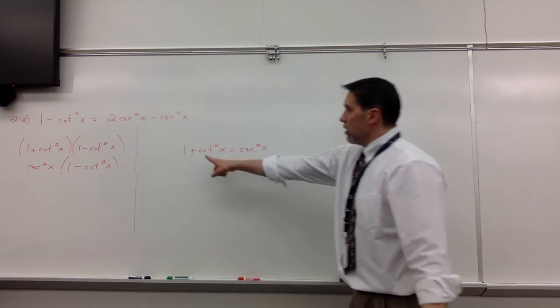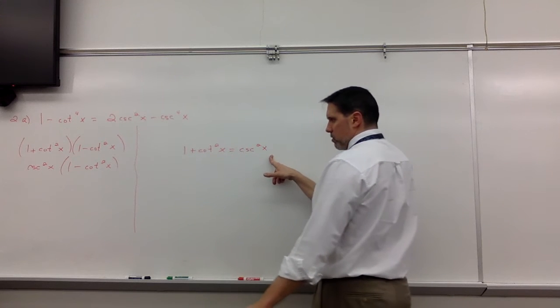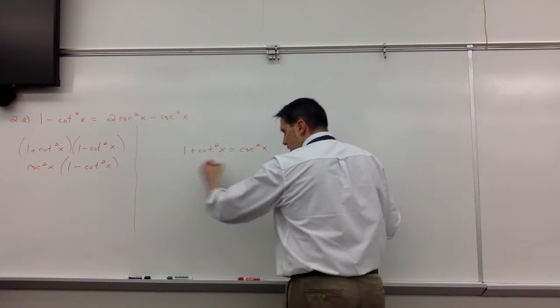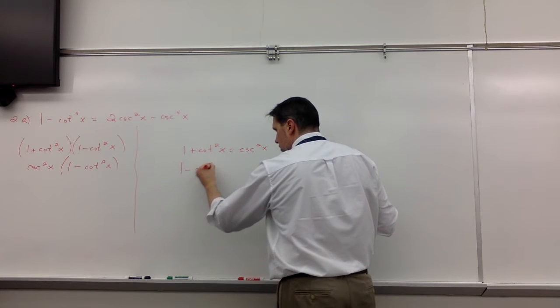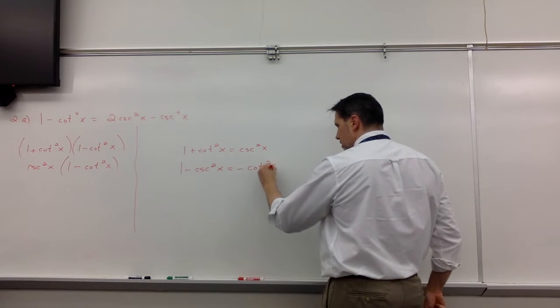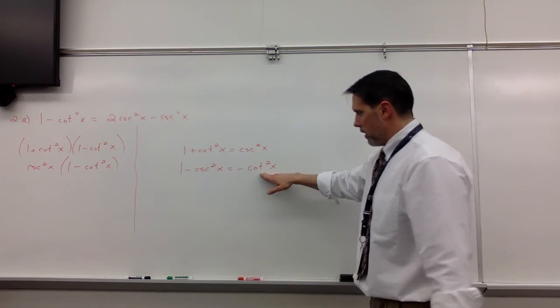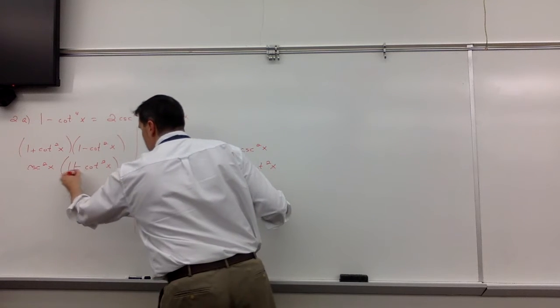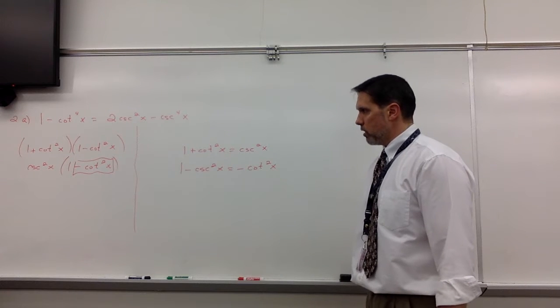So therefore, if I were to subtract cotangent squared from both sides and subtract cosecant squared, if you follow what I just said, I would get this statement, that negative cotangent squared x is really 1 minus cosecant squared.